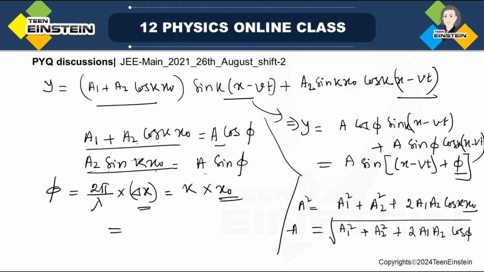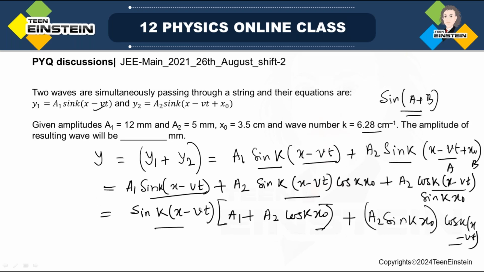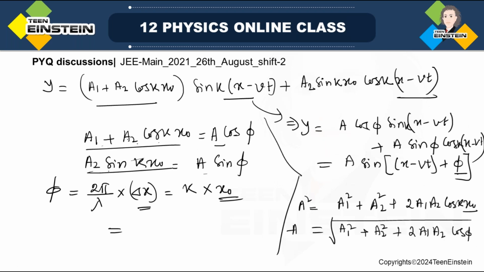Let me put the values. You can see here the values of k and x0 are given. K is given as 6.28, and x0 is 3.5. Okay, so if you just multiply this, I have to get it in terms of pi. This will be something like 21.98 or something.